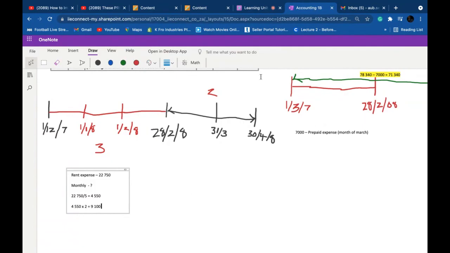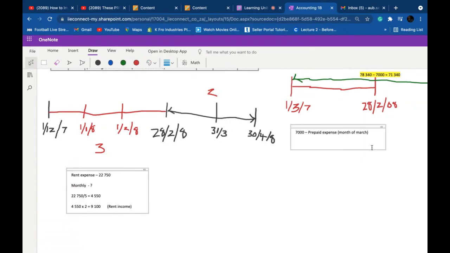Is everybody happy so far? Are we together? If you have any questions, guys, by all means, please switch on your mic. Let's dissect what's going on here. This is in relation to rent income. But now, what do we call this 9,100? What is it to us?